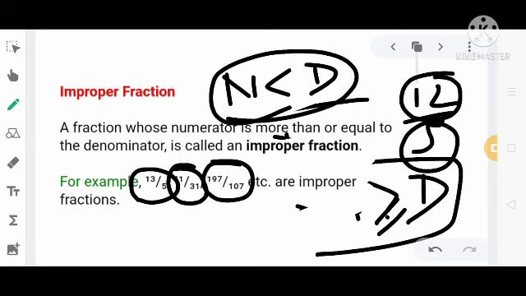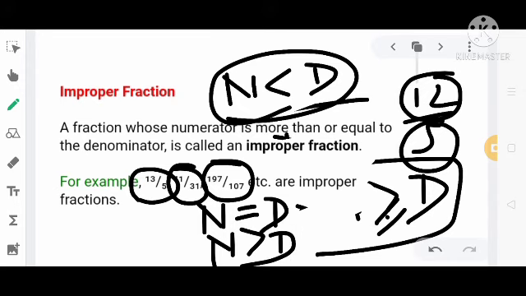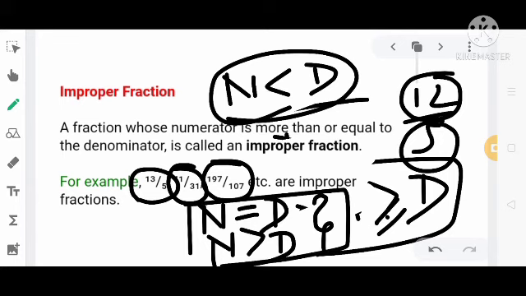Either numerator equals denominator, or numerator is greater than denominator. If one of these two conditions is satisfied, then this will be your improper fraction.